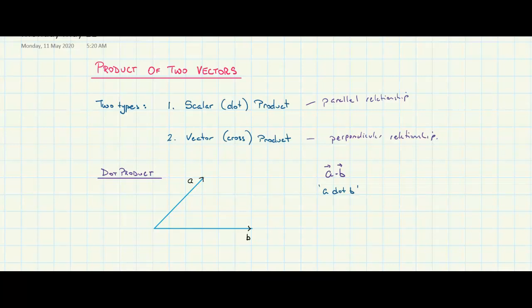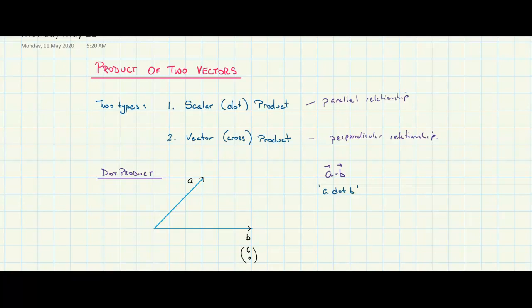Let's have a little look at how we get the dot product and what it actually means. So let's use these vectors on the screen. I've got a vector B here, so B is equal to (6, 0): 6 in the x direction, 0 in the y direction.